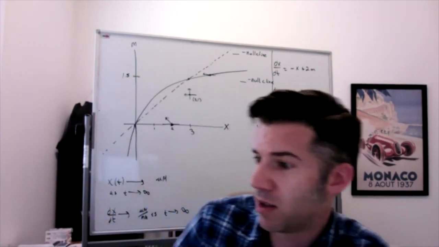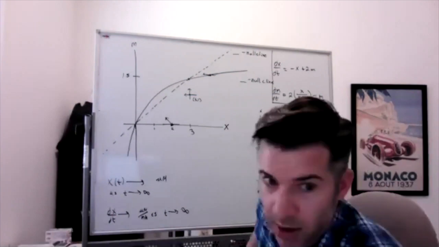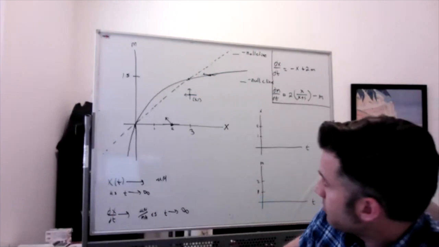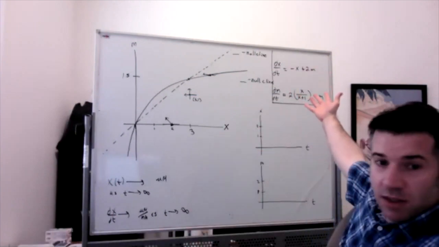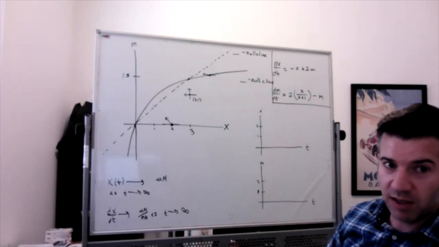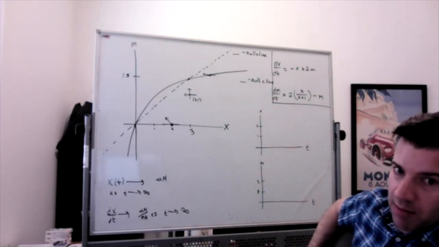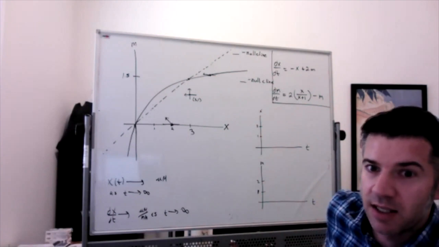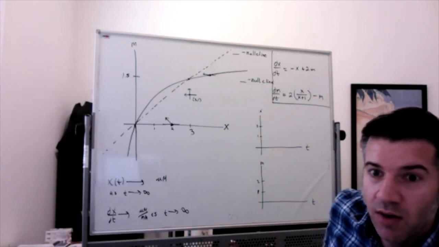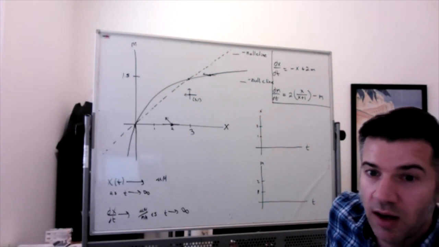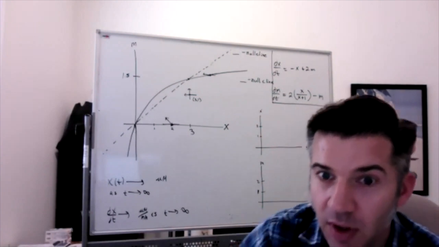So here's the quiz setup. You have this system of equations: dx/dt equals negative x plus 2m, and dm/dt is 2 times x over x plus 1, minus m.